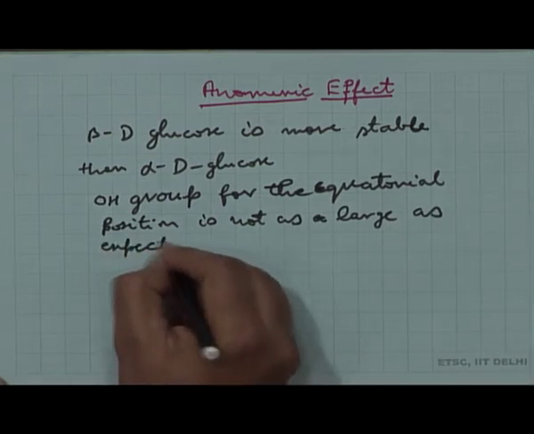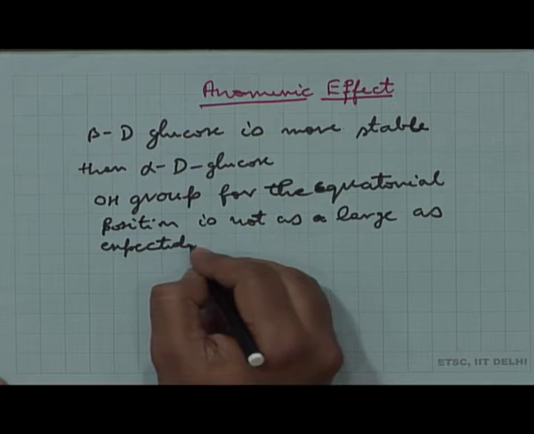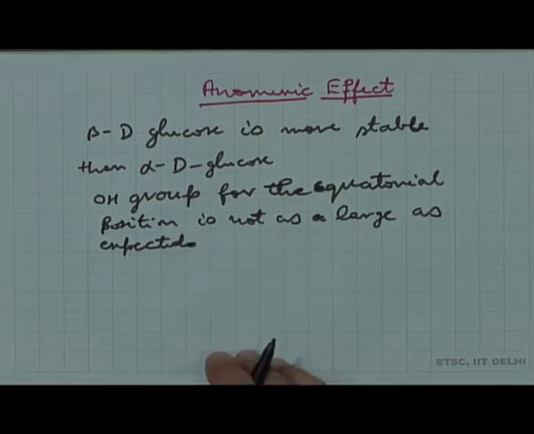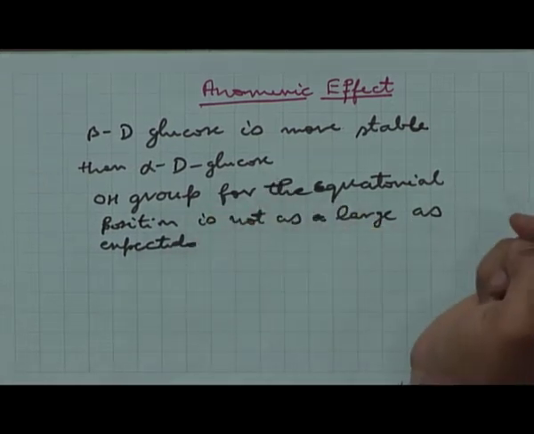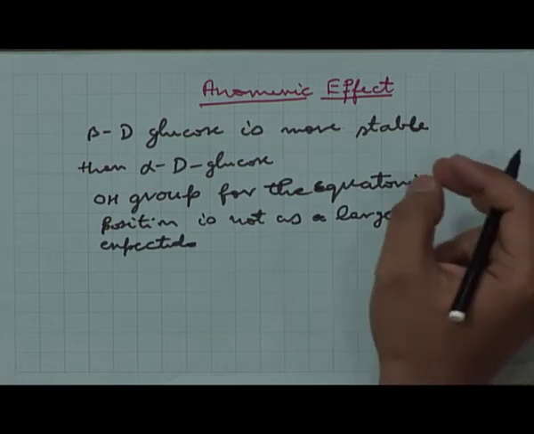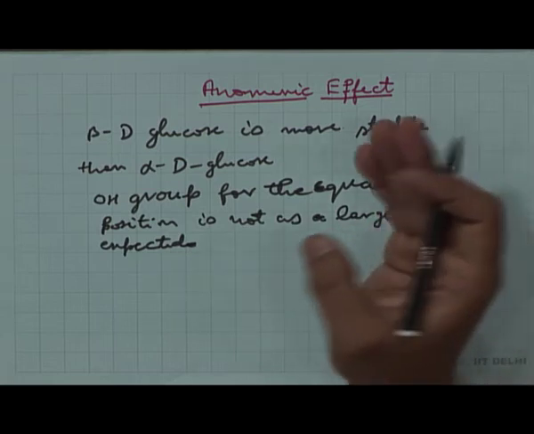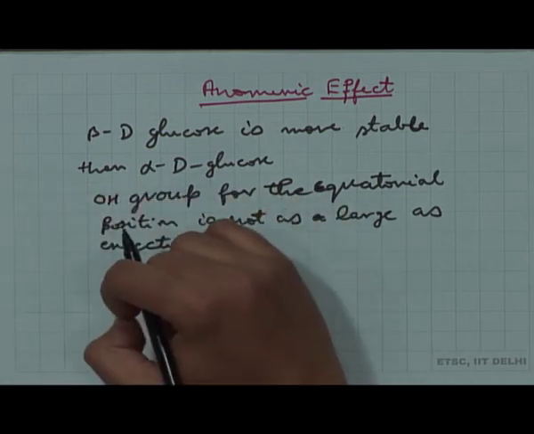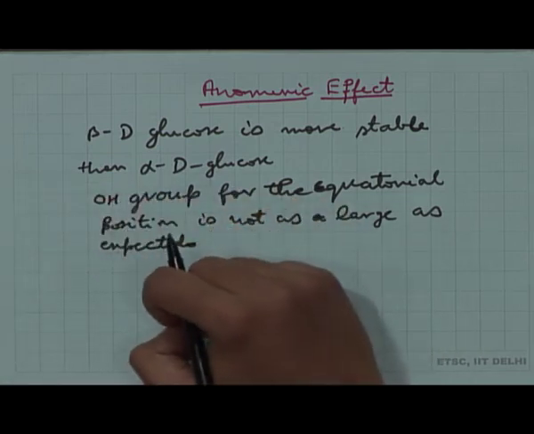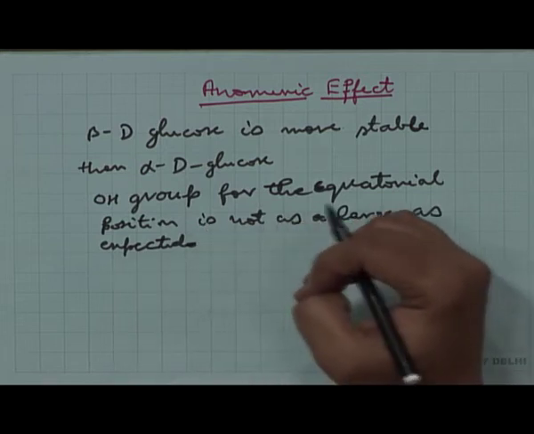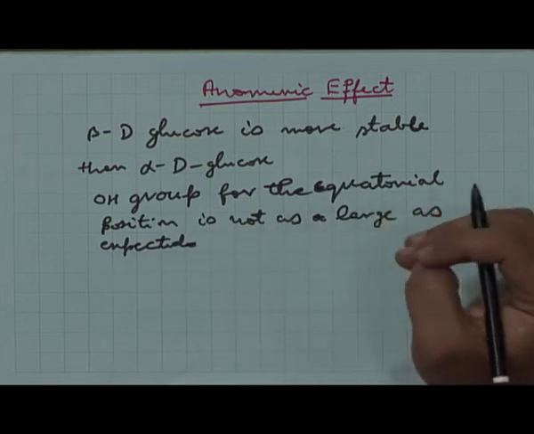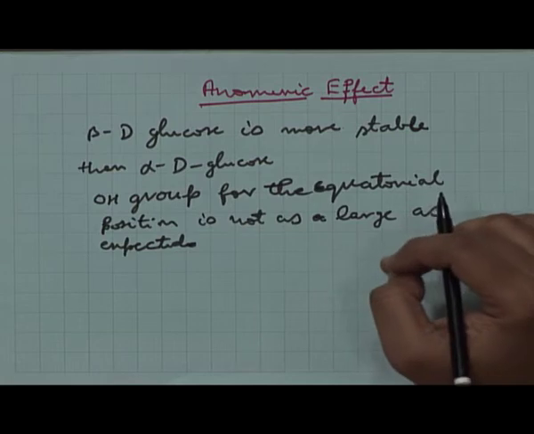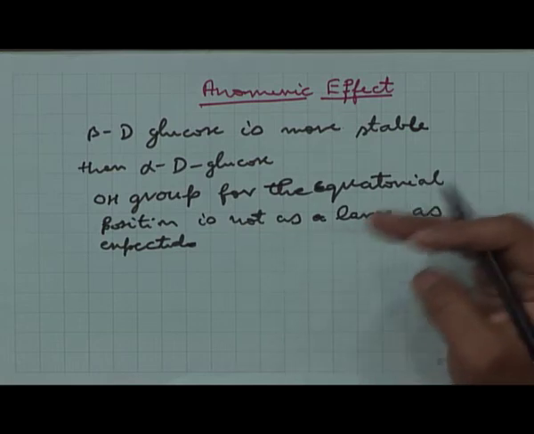Why is it so? In alpha D glucose, the hydroxyl is axial and has a steric component, whereas in beta D glucose it has very minimal steric, so it is stable.